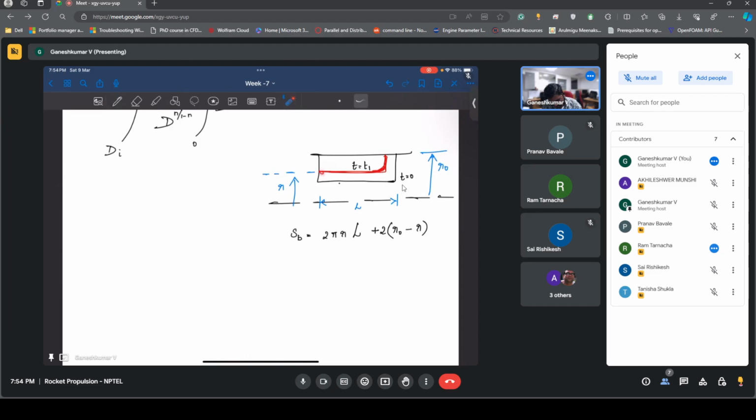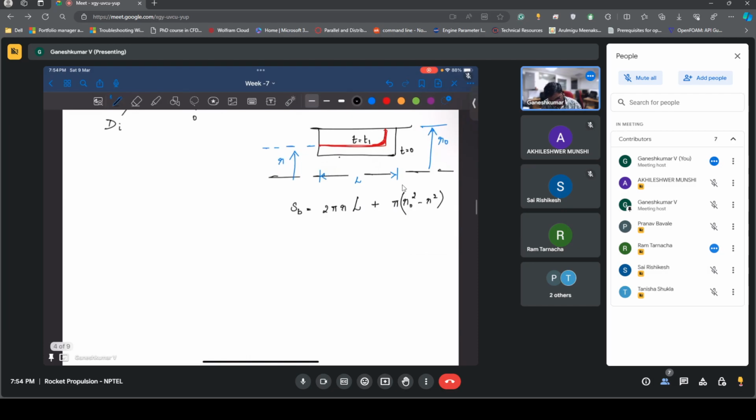The length is this, and the radius is R naught minus R. But it is circular, so it's not just R naught minus R. It will be pi r square thing: pi into R naught square minus R square. So pi into R naught square is the whole area, minus pi into R square, and there won't be a 2. Now R is also variable, L is also variable.